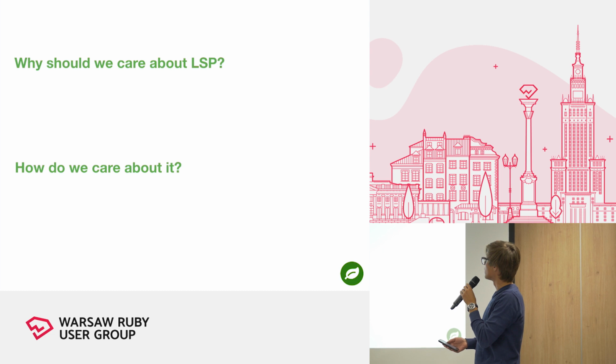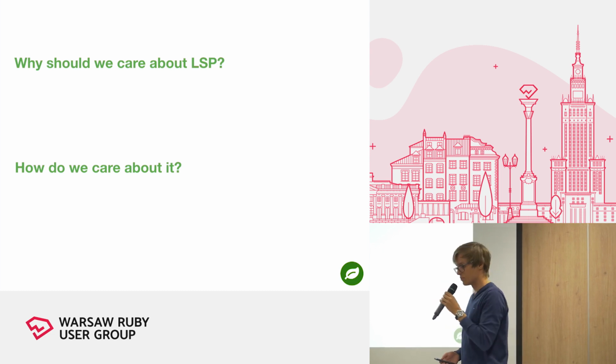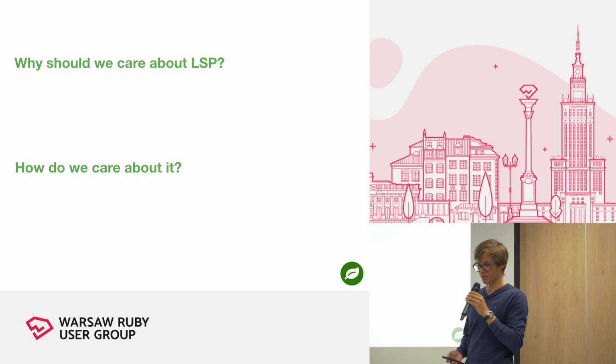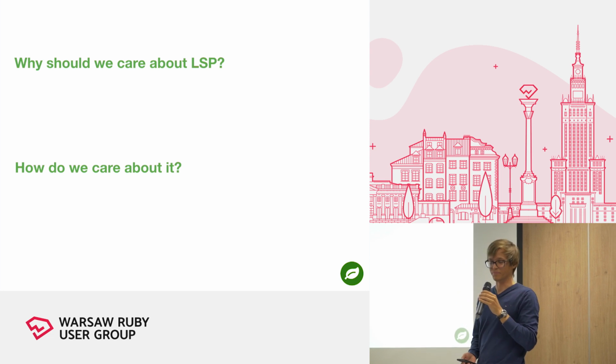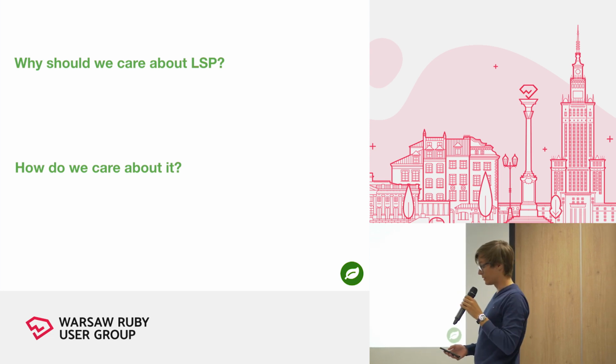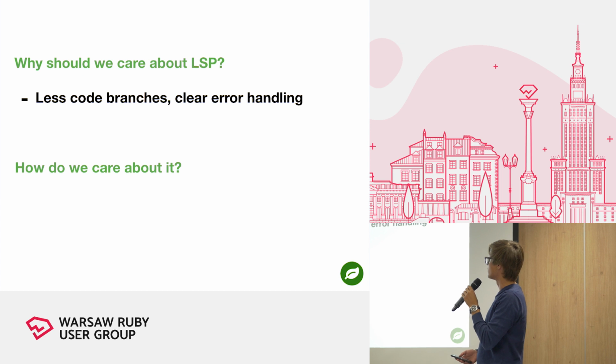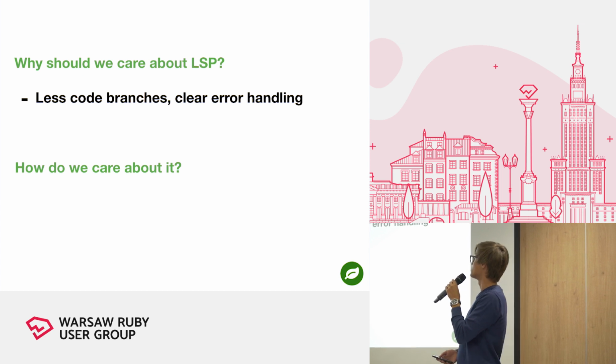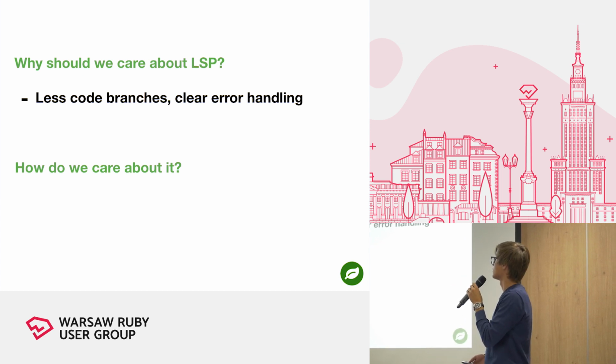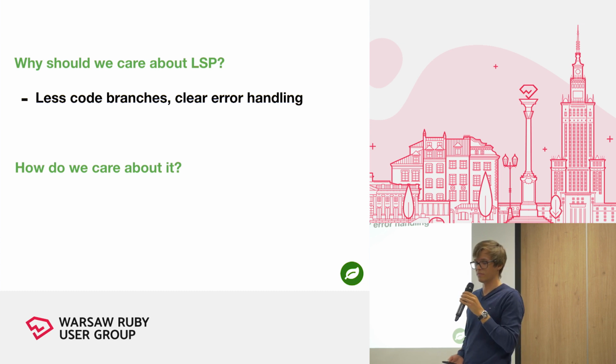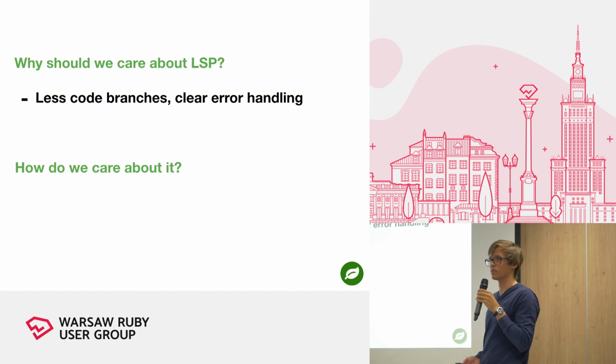Wrapping up, that was a crazy idea to present LSP in 5 minutes. Actually, it was 7 already. Why should we care about it? Well, following the substitution principle guarantees us less branching in our code, and it also leads to cleaner error handling.